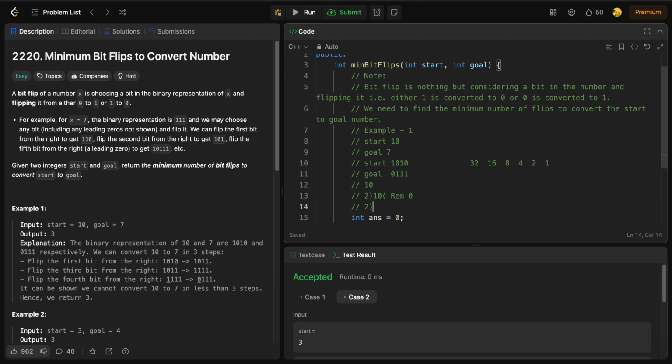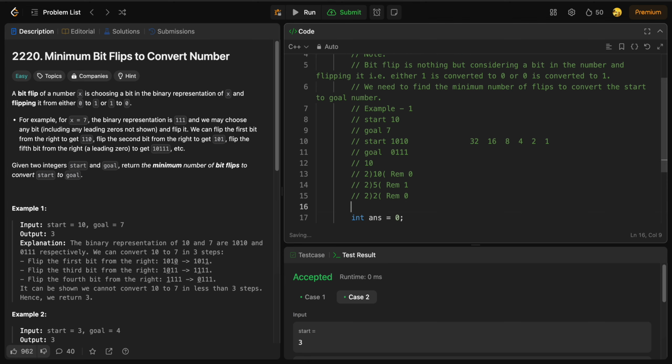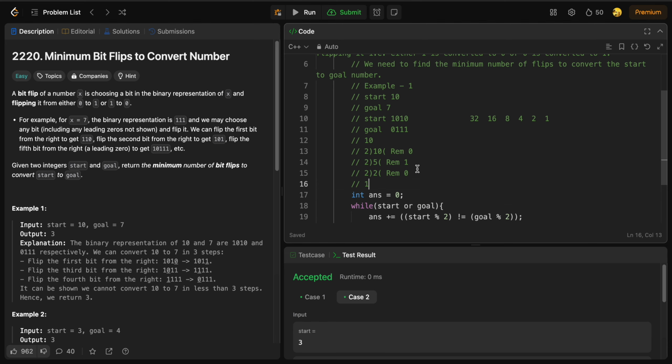Again we divide 5 by 2, so the remainder would be 1, and the quotient is 2. Again 2 divided by 2, the remainder would be 0, and then 1 divided by 2 gives remainder 1. So ideally we'll get 1010, with the first remainder 0 being the last bit.